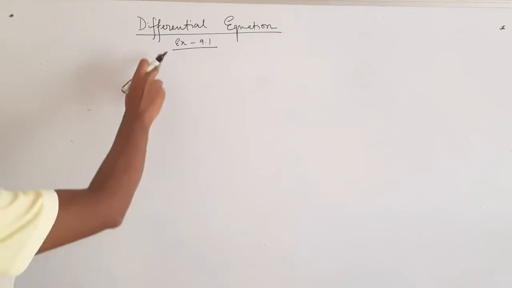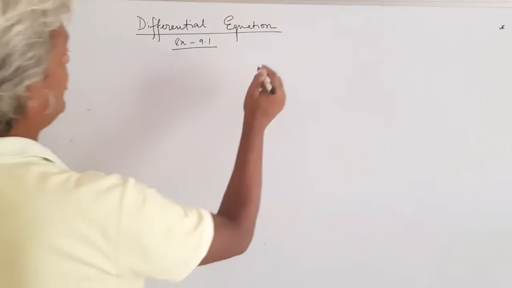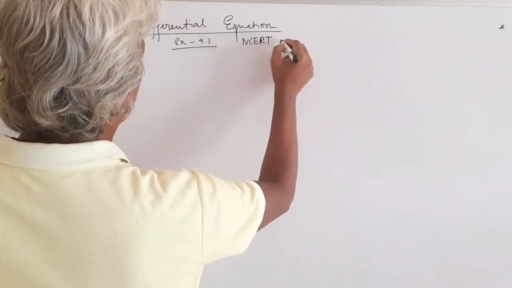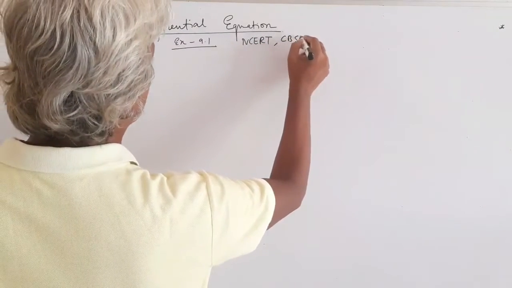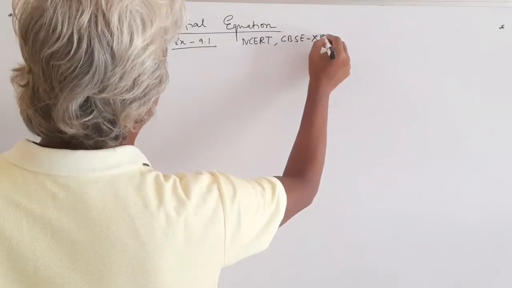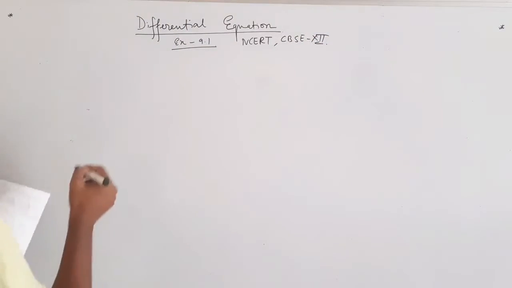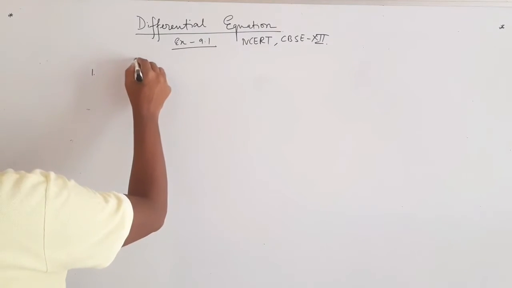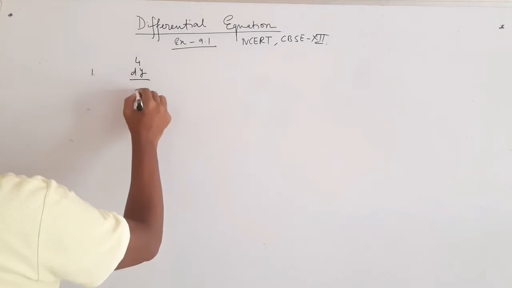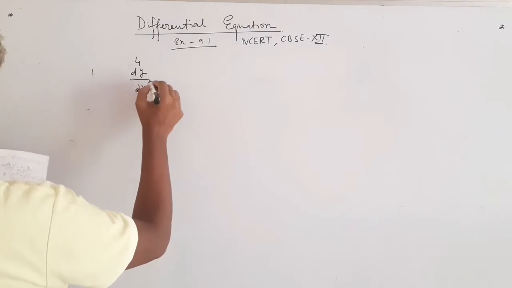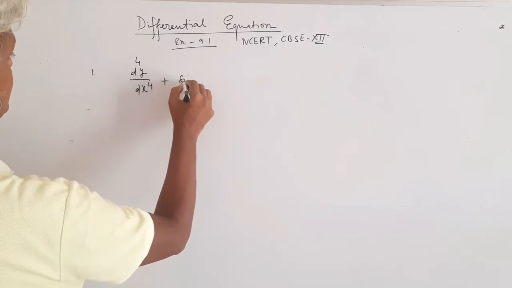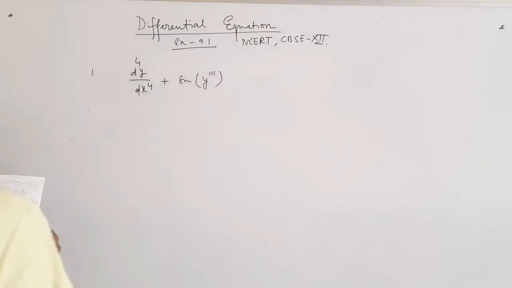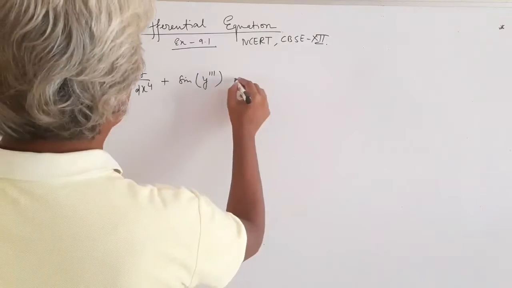So the first question of exercise 9.1, NCERT, CBSE Standard 12. Now it goes like this: d to the power 4 y over dx to the power 4 plus sine of y triple dash is 0.